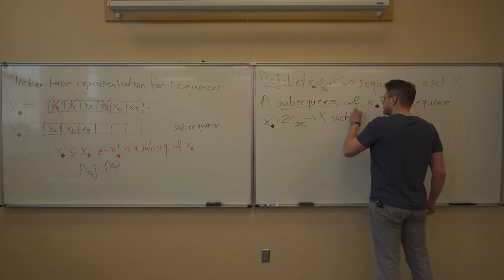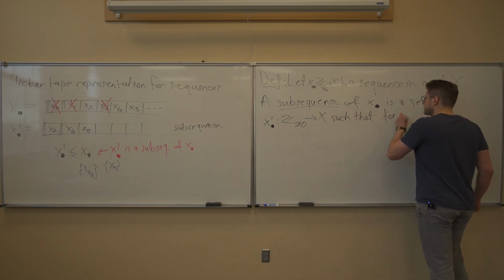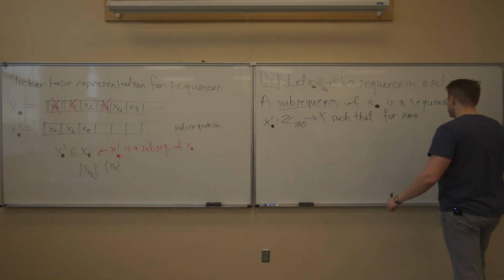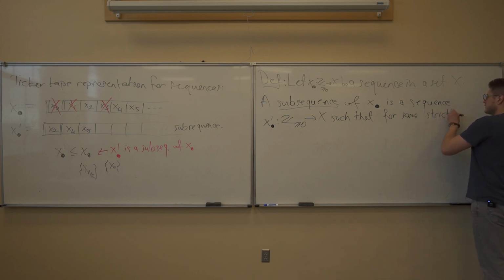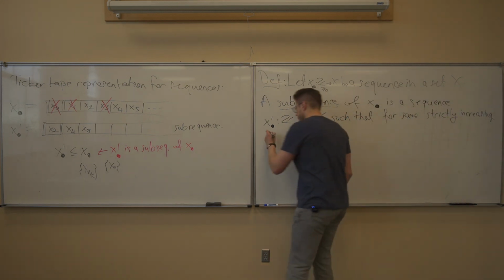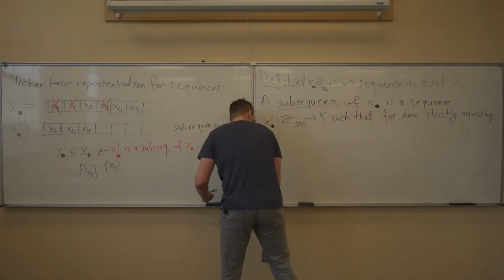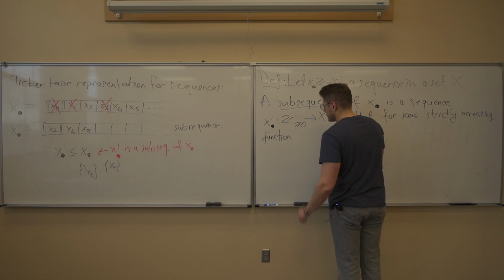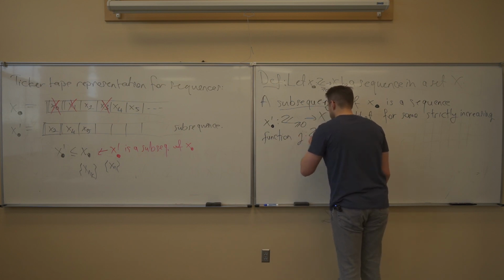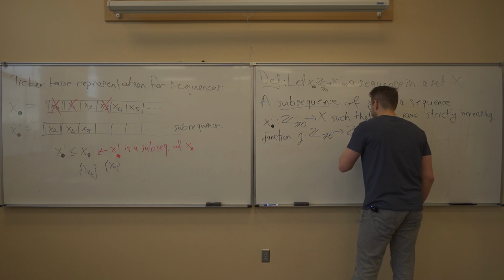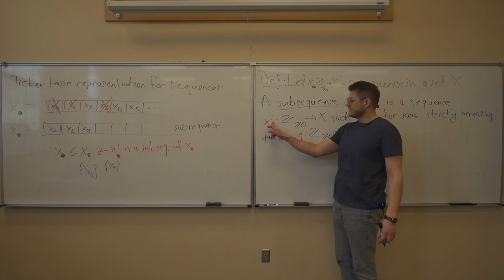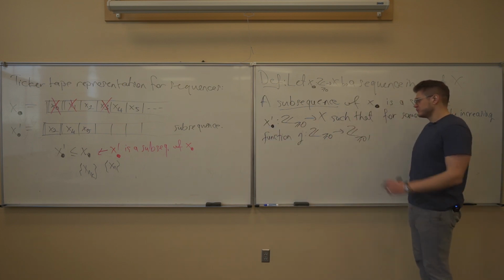Such that for some strictly increasing function from non-negative integers to itself, let's denote it by j, I have that the nth term of the subsequence is the j of nth term of the original sequence.